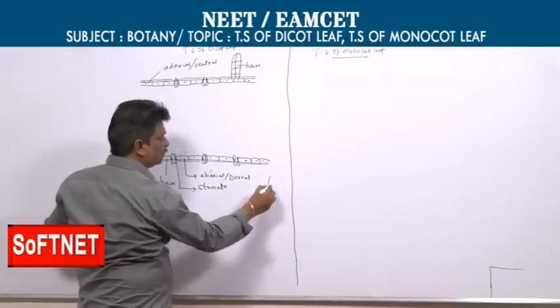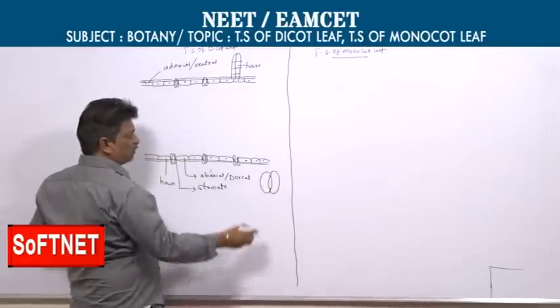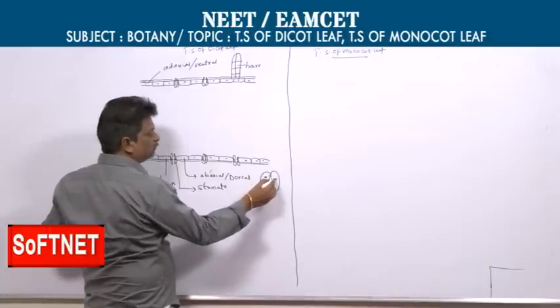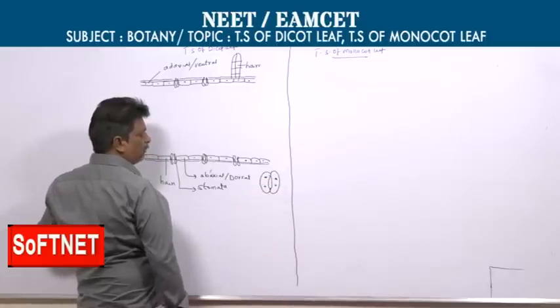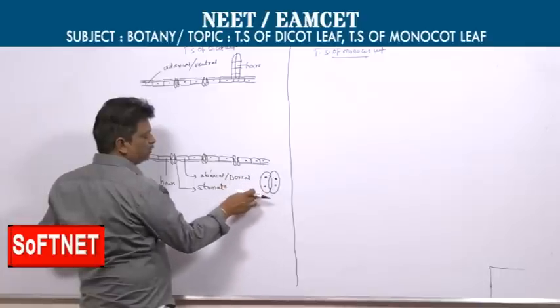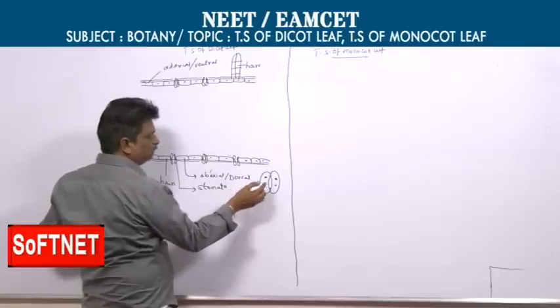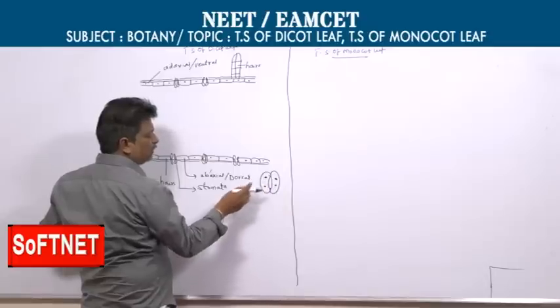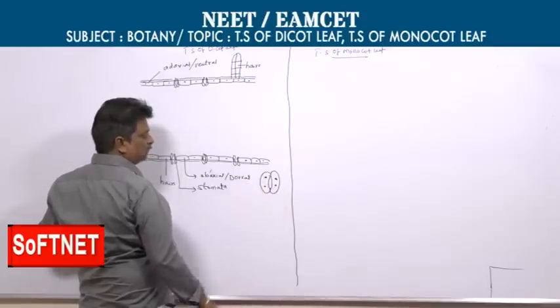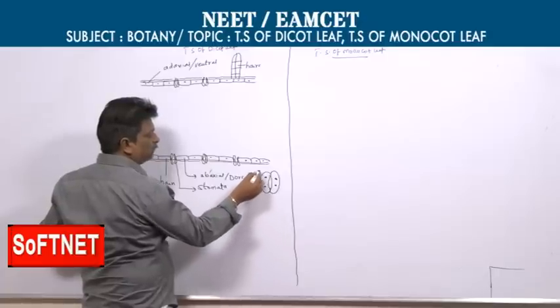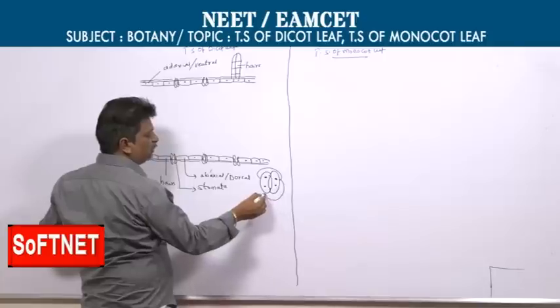The stoma is surrounded by guard cells. They are reniform, or kidney shaped or bean shaped, having chloroplast, and they regulate the opening and closing of stomata.